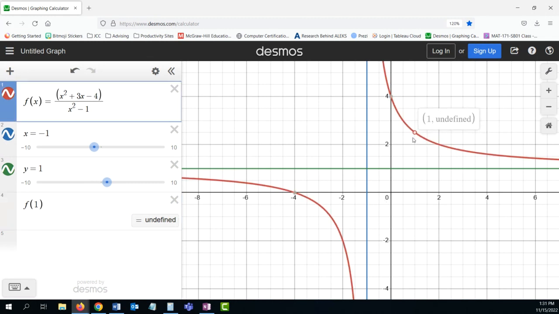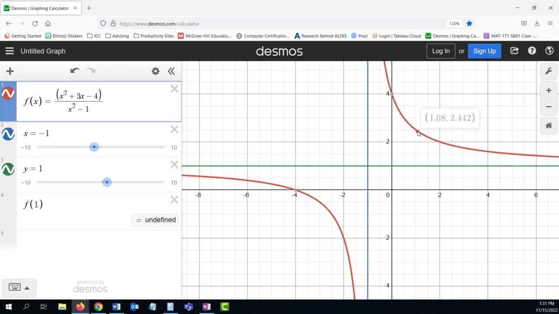So when x is 1, take a look at that graph. What happens when I land directly on 1? There it is: 1, comma, undefined. And what is that value? So 1, 2.5.